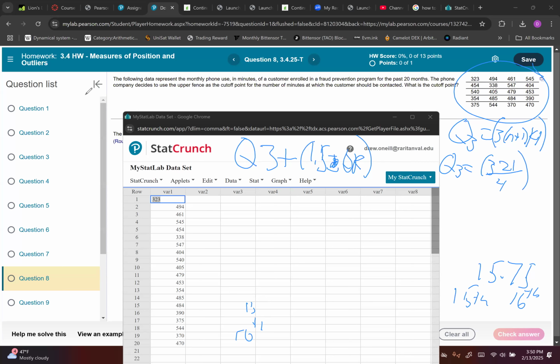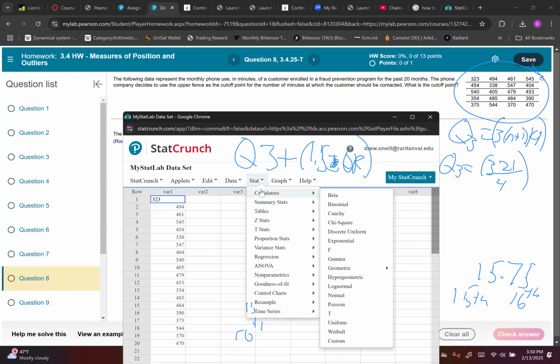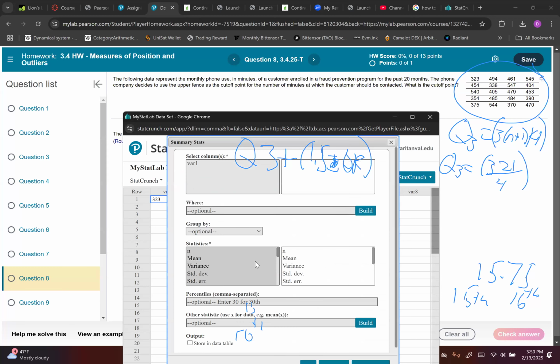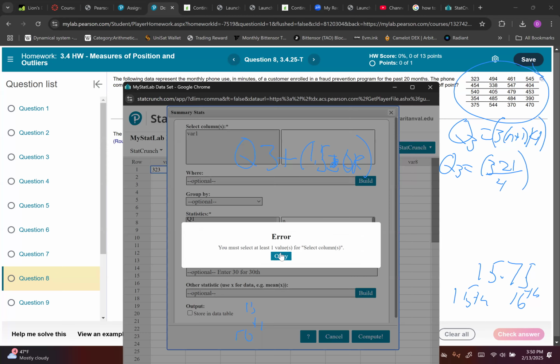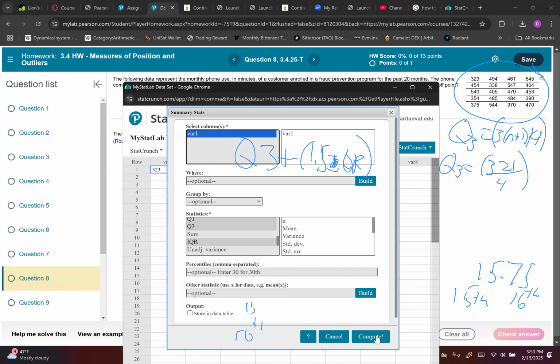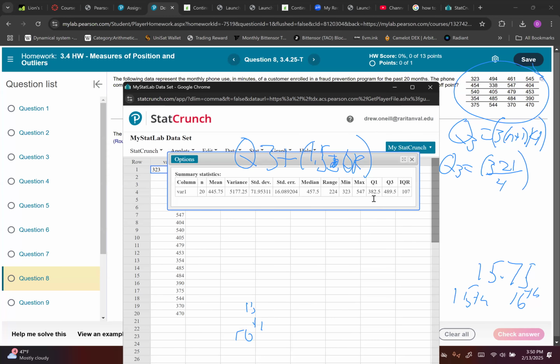Watch how quickly. Go to Stat, Calculator, Summary Stats, Columns. We just have to add these last few bits. We need IQR as well. Let's select that. So it's going to calculate Q1 and Q3 for us. So Q3 is 489.5, which is the midpoint between 2 points.